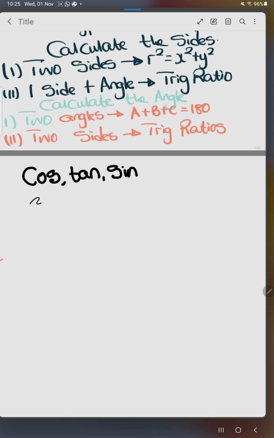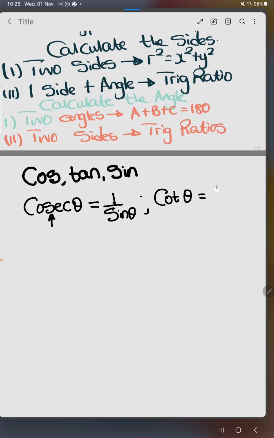Number one, we can look at cosec. If you have cosec theta, you only check the third letter. The third letter here is S. So that will be 1 over sine theta. Then you have cot. You check the third letter, which represents tan. That will be 1 over tan theta.